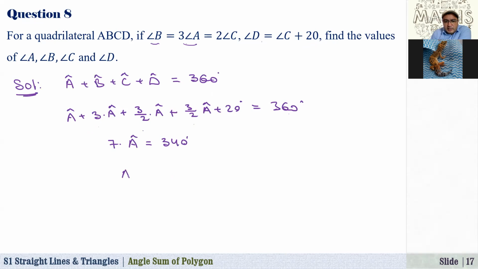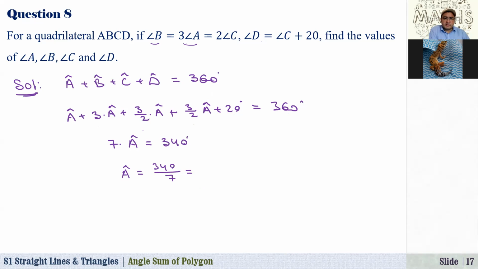Now from here, what is A? Angle A is equal to 340 over 7, which is not divisible by 7. Let me just check. A, B is 3A, C is 3 over 2 A, D is C plus 20, and that's equal to 360 degrees.